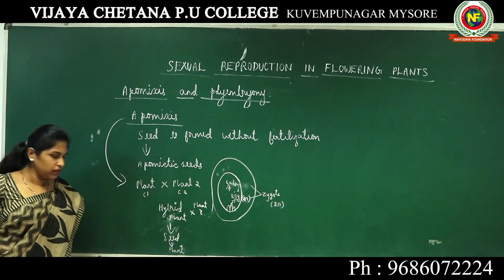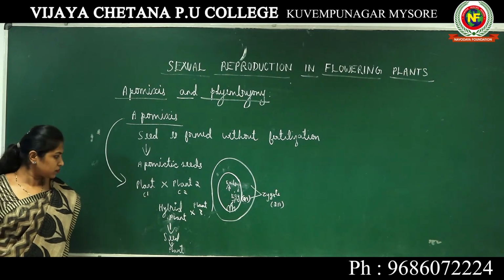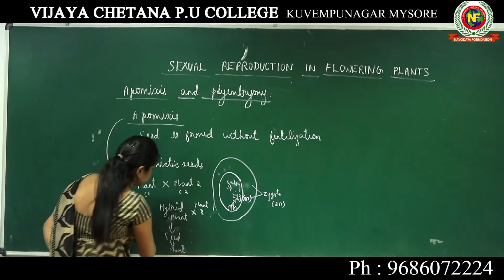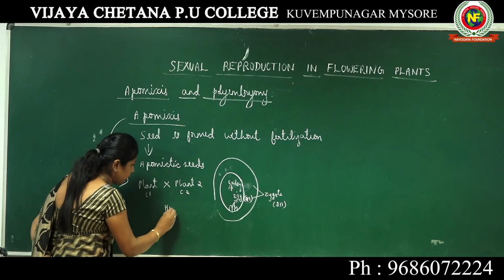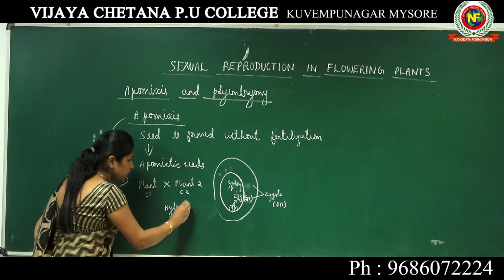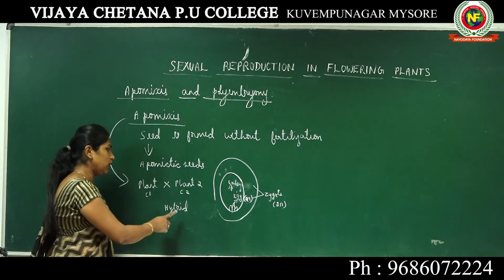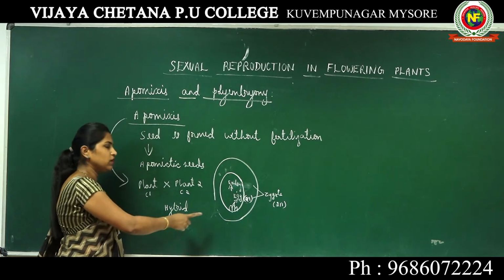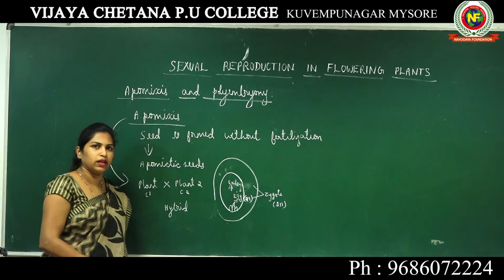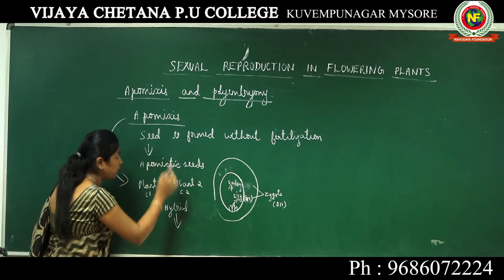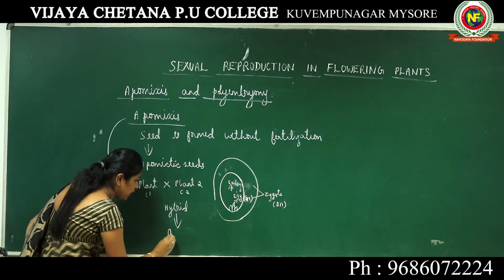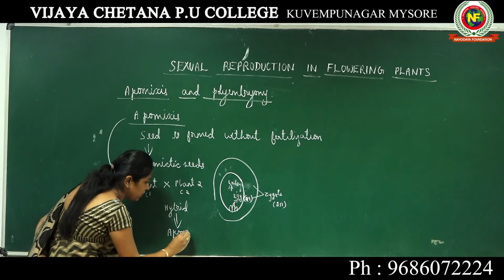Imagine plant 1 and plant 2 are bred and you have got a hybrid. Now you are not allowing these hybrid plants to undergo any more breeding. Instead, you make this hybrid plant carry out this process called apomixis.